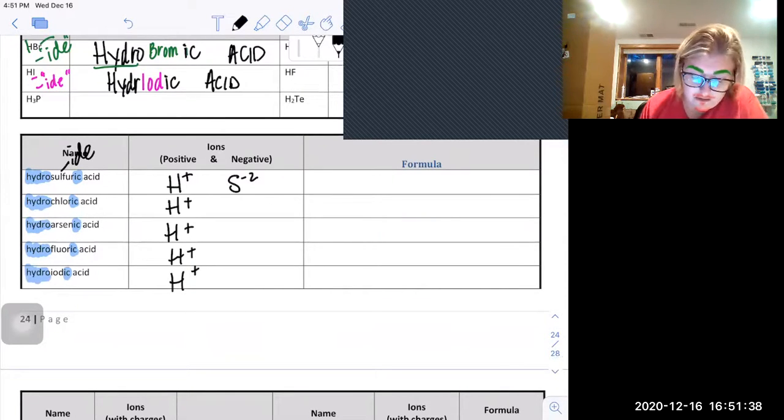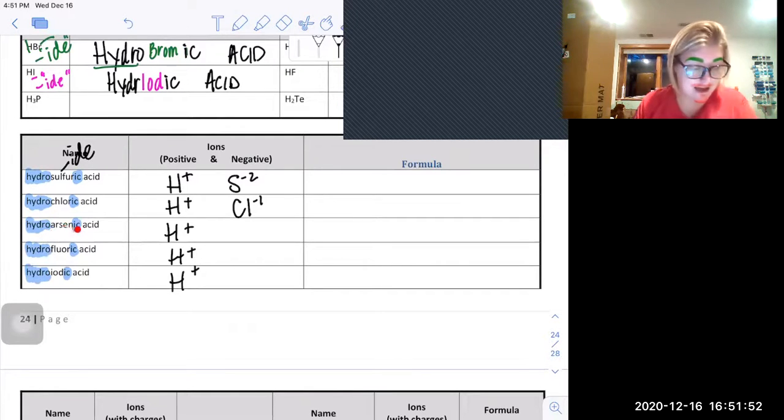Moving on, we have chloric. Chlor used to be chlorine, and chlorine is Cl with a -1 charge. Next one, hydroarsenic. That used to be arsenide, which is As with a -3 charge.